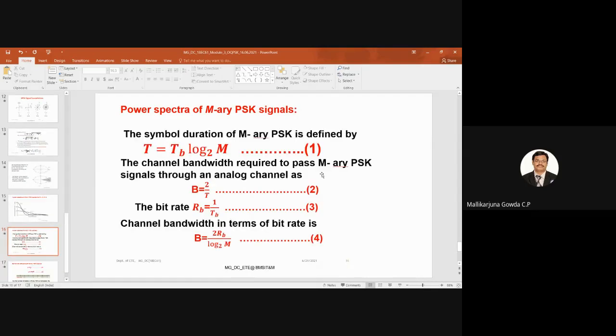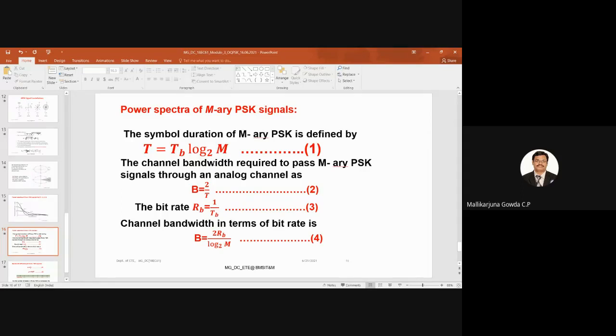Let me say how we calculate the bandwidth required for transmitting this M-ary PSK signal, and how we find the symbol duration of an M-ary PSK signal. This is the relation: T, the symbol duration of M-ary PSK, is equal to TB, the bit duration, times log m with base 2.